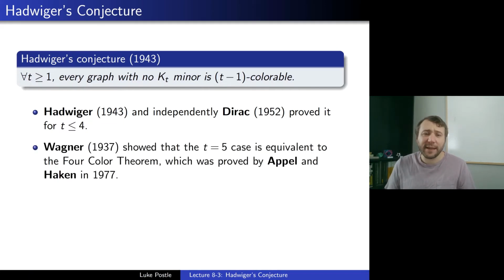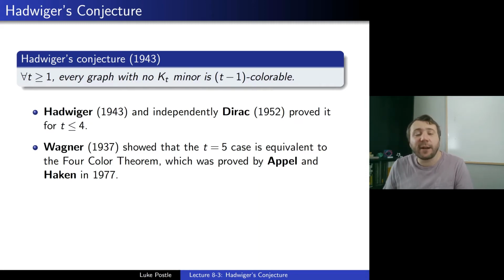What about the next case? Well, Wagner in 1937, six years before Hadwiger made his conjecture, showed that the t equals 5 case is equivalent to the 4-color theorem, which was proved by Appel and Haken in 1977. Why is that? Remember that graphs with no K5 minor contain the planar graphs, so it certainly implies the 4-color theorem, but Wagner showed that they are the planar graphs plus 3-sums of what we call V8.